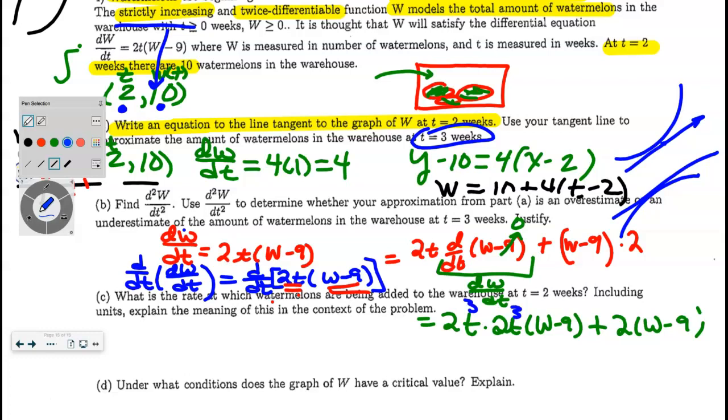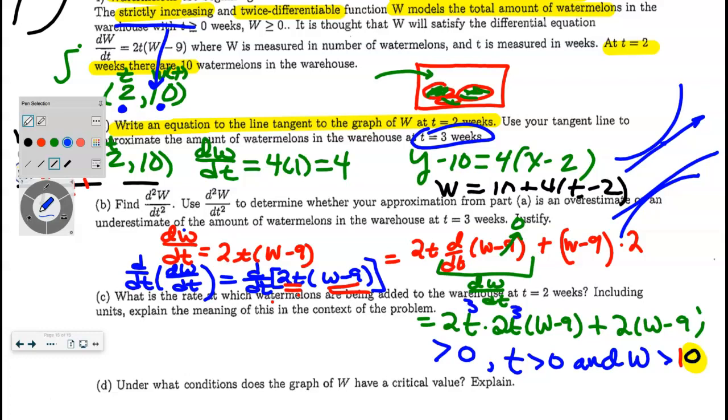And then from 2 weeks to 3 weeks, I have to go from 10 to something bigger than 10. Does that make sense? So I'm 100% sure this is greater than 0. However, that could be a guess. So you might want to put, because t is greater than 0, 3, I can see that, and W is greater than 10. Just like what you said, Ty, I would phrase it that way.